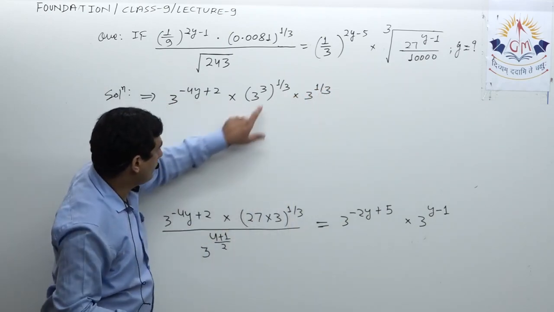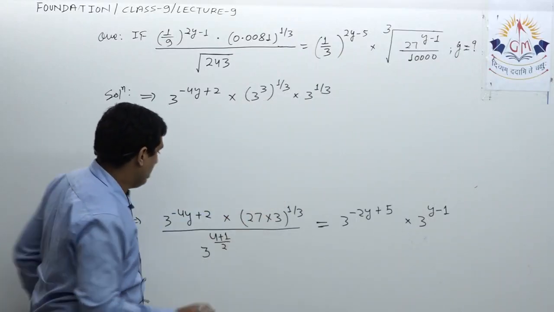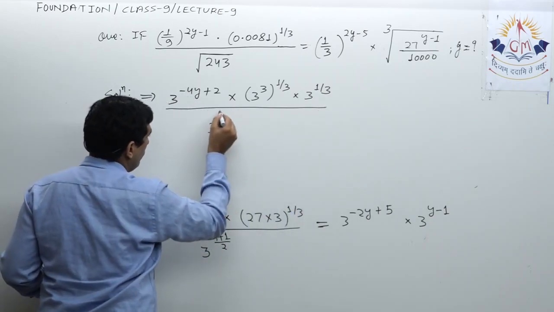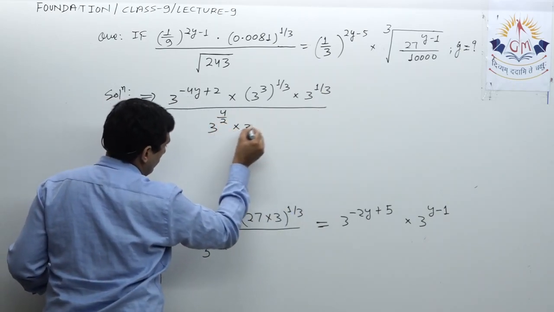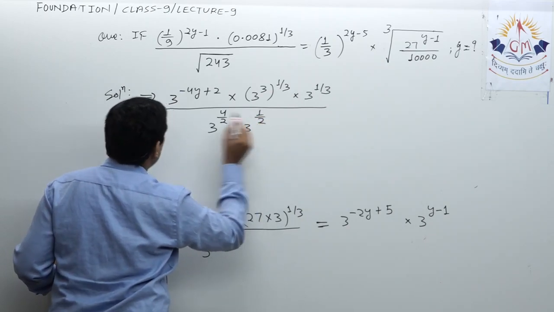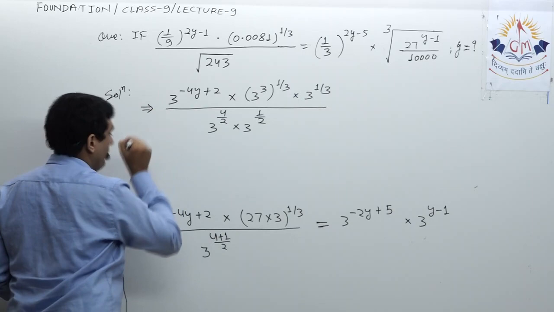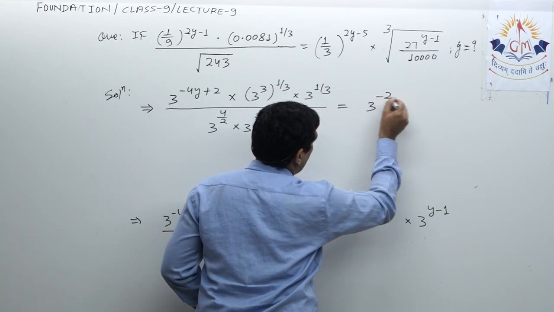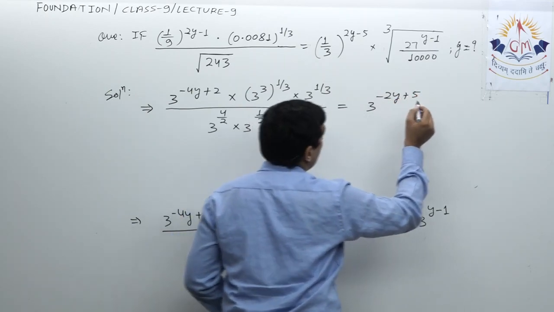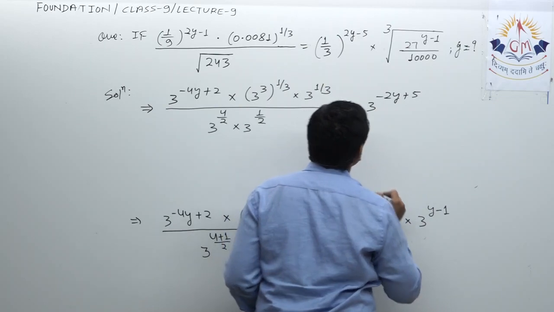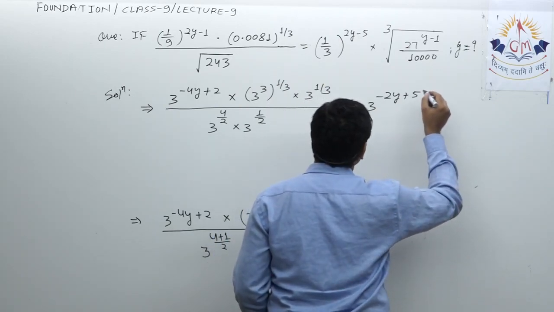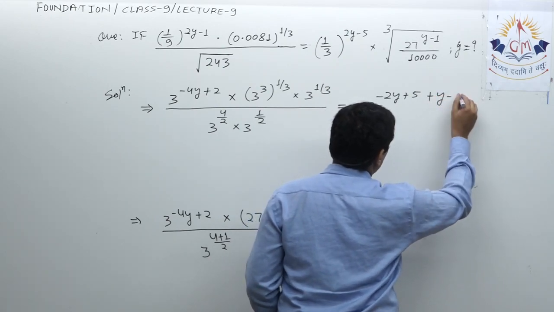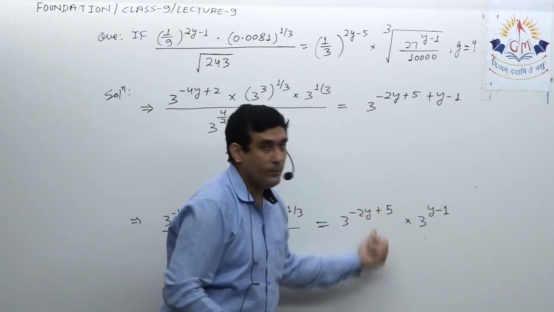Okay, 27 I wrote as 3 cube raised to 1 by 3, and this divided by 3 raised to 4 by 2 into 3 raised to 1 by 2, is equal to 3 raised to minus 2y plus 5 plus y minus 1. I applied the product law which says that if the bases are same, powers can be added.